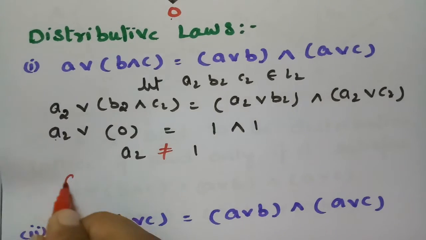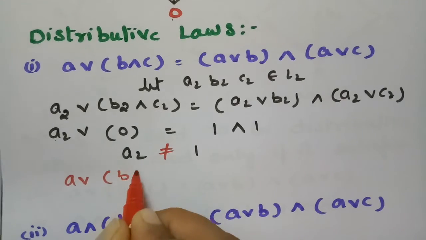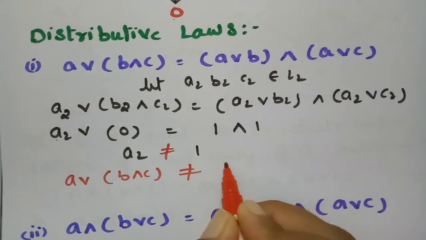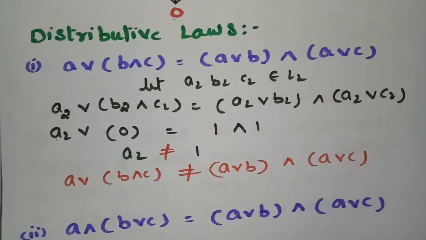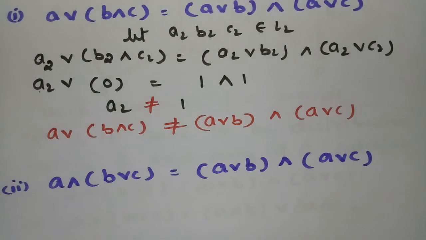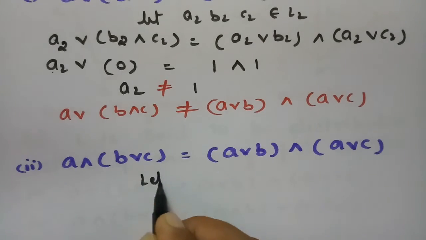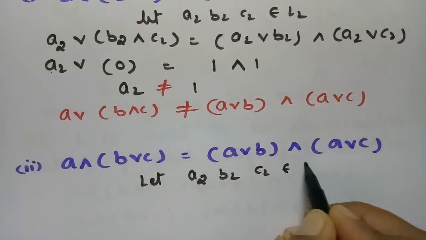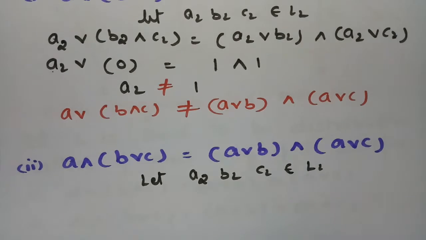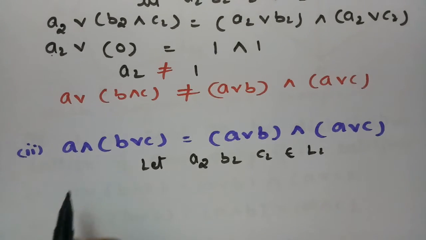Therefore, we say that A join (B meet C) is not equal to (A join B) meet (A join C). And coming to the second property, let A2, B2, C2 belong to the set L2 and let's find out what happens.